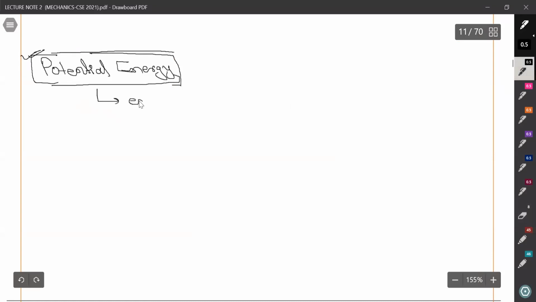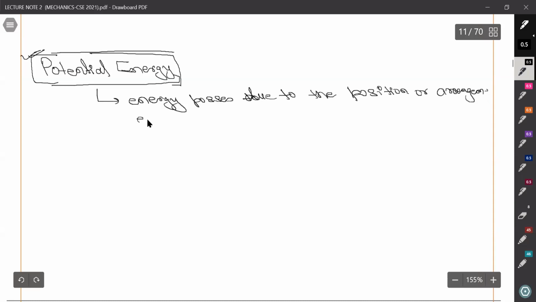Potential energy is energy possessed due to the position or arrangement or configuration. Right. This is basically what potential energy is.